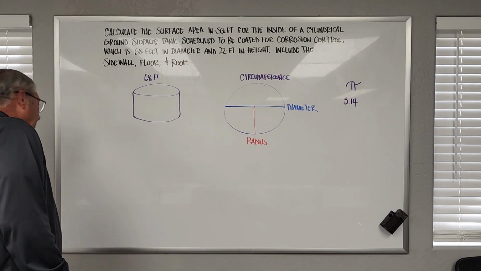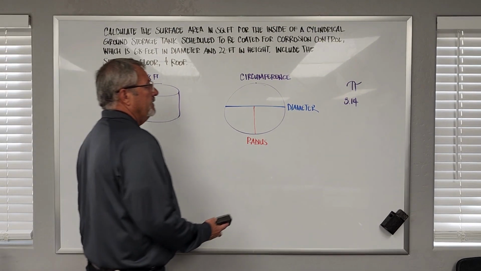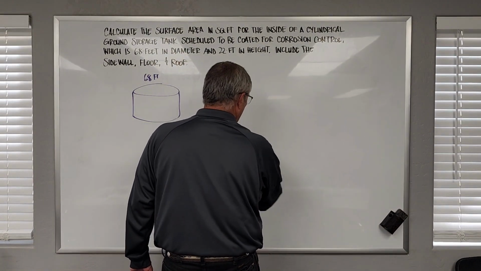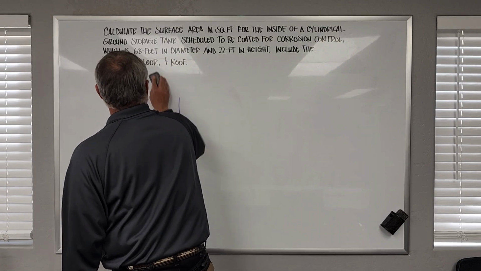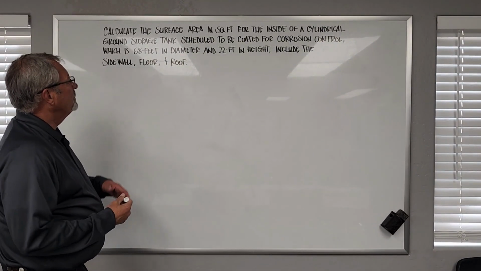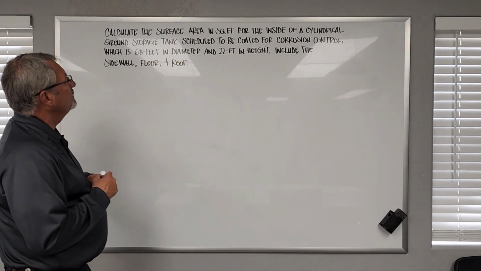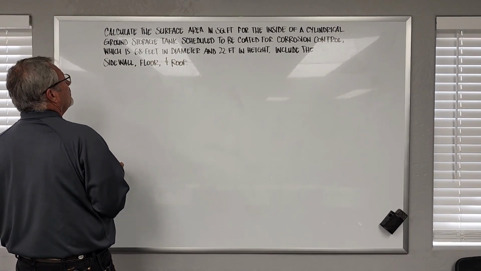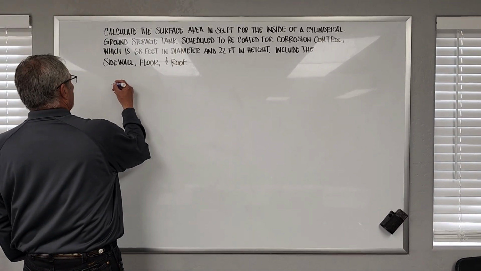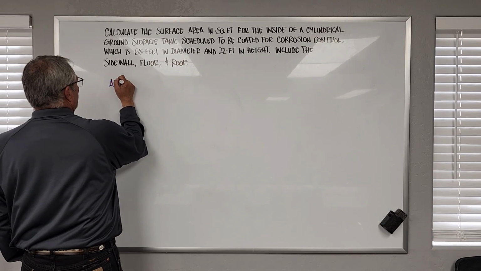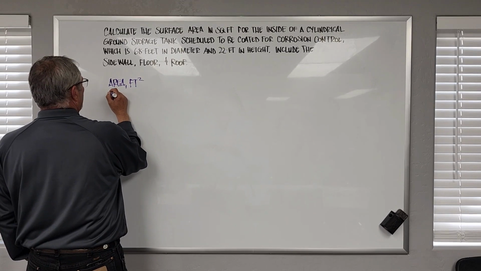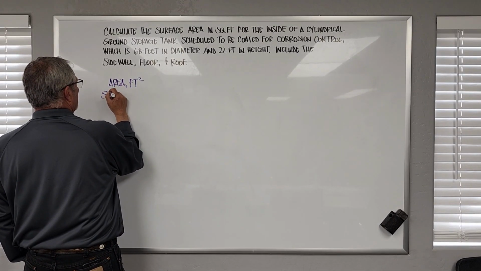So we're going to have to calculate the area in square footage to determine what the total area is. Let's start with the sidewall. I'm going to write area in square feet, and I'm just going to write sidewall.